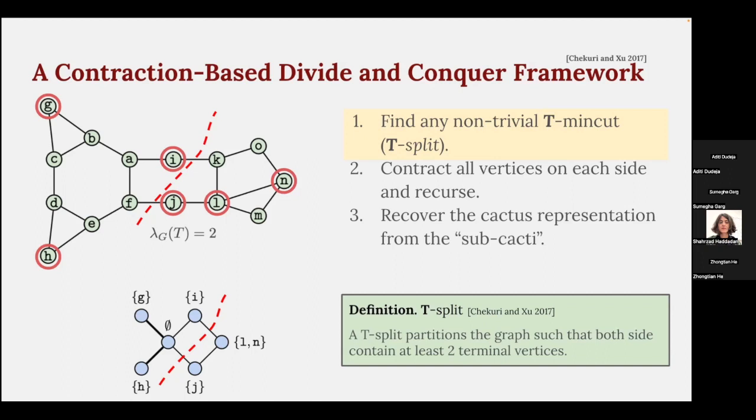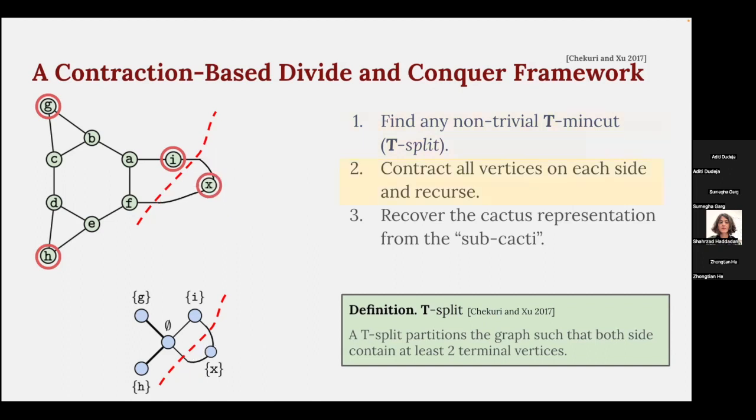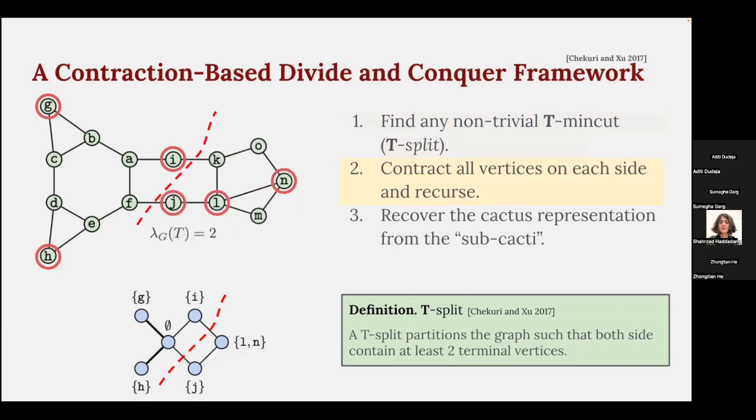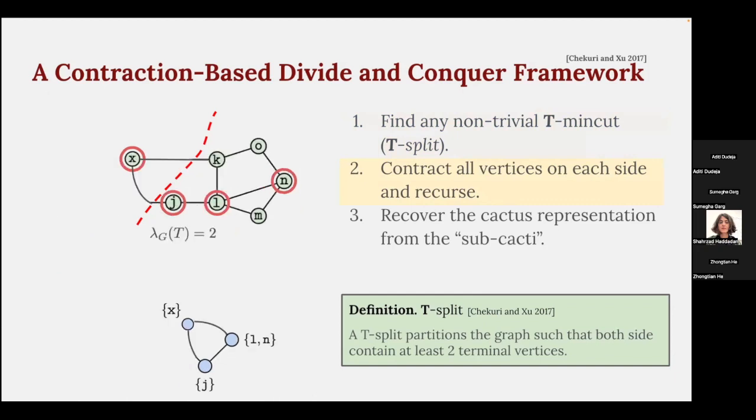So you can just contract L and N. So now you contain at least two terminal vertices, you count this as one and this as the other. And this cut will guarantee you to make progress, because when you contract one side, the size of T will decrease. Right. So this guarantees progress, and then you do both sides.